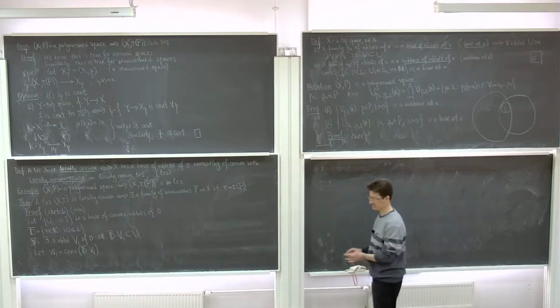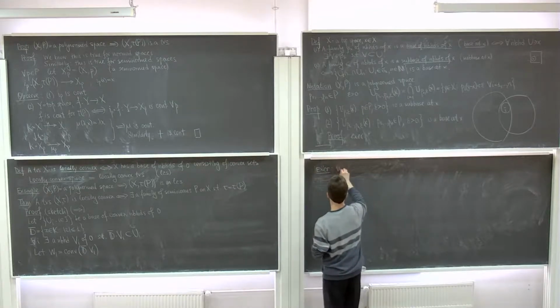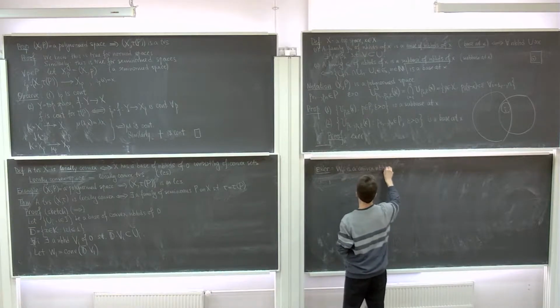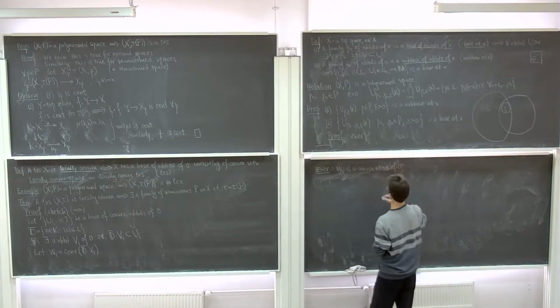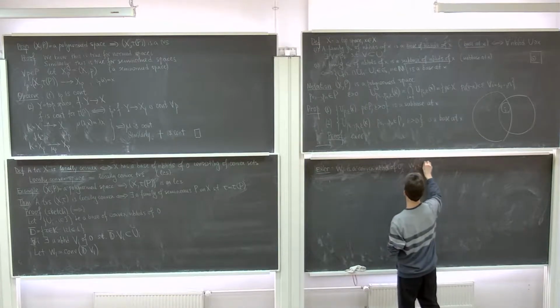Then it's an easy exercise to show that Wi is also a convex neighborhood of 0. It is obviously contained in Ui.